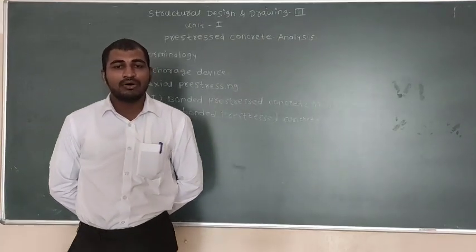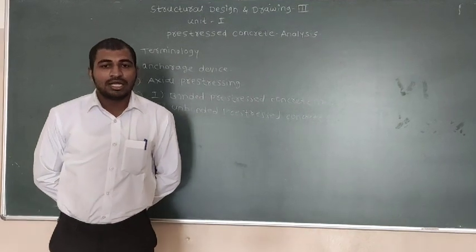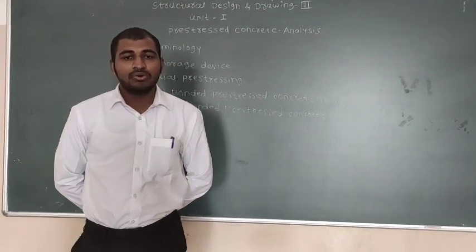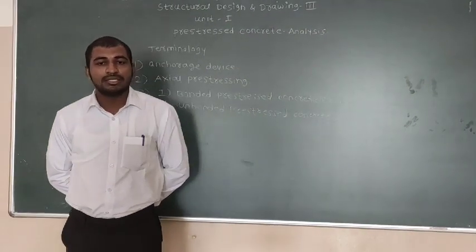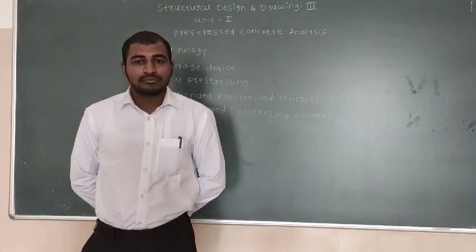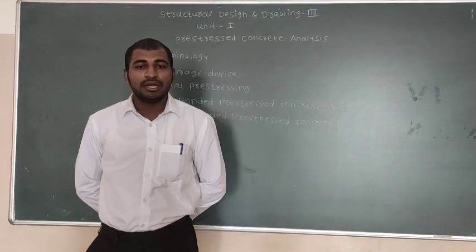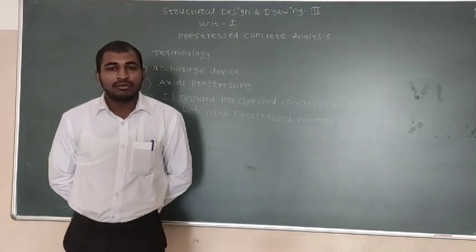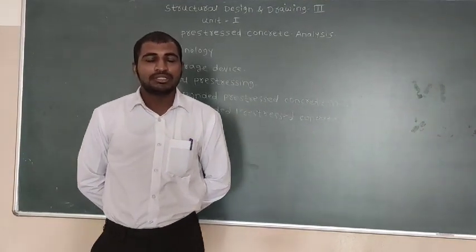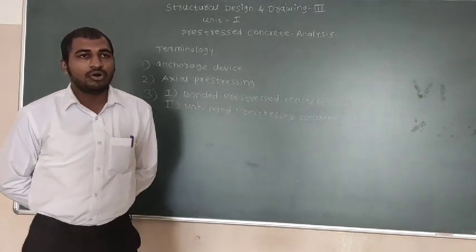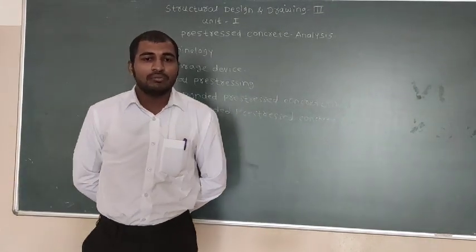The transfer of tension to the concrete is achieved by the steel cable acting against steel anchors embedded in the perimeter of the slab. This is the unbonded prestressed concrete member.